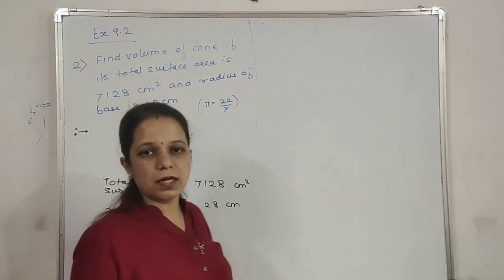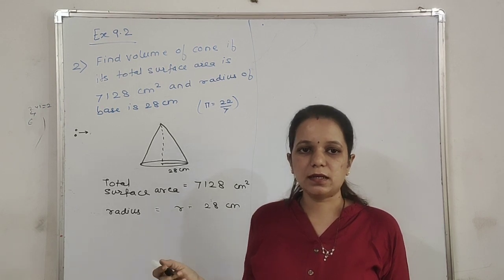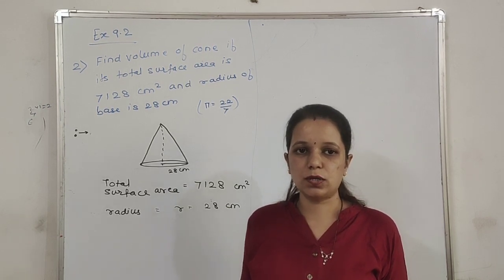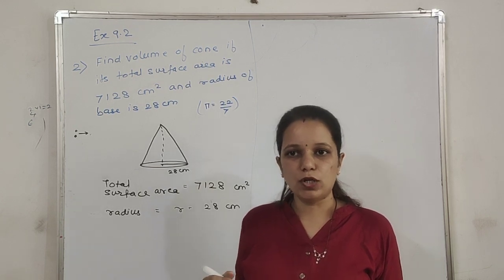So here first we need to find the height and slant height of the cone, and then we will go on to calculate volume of the cone.